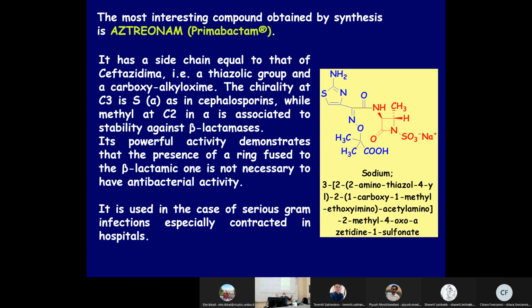You see different residues. The aromatic ring from cephalosporins. The oxime, we have already seen in cephalosporins. The 4-membered ring from this class put together, and we have a very potent antibiotic against resistant strains.